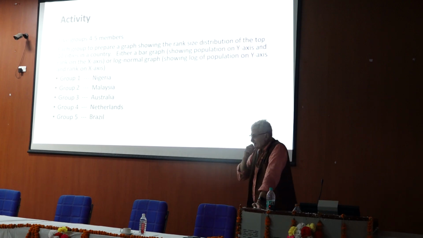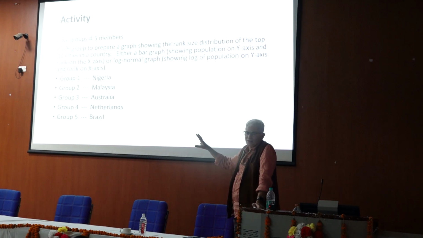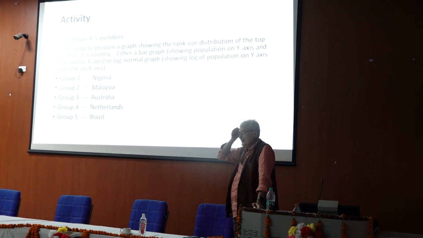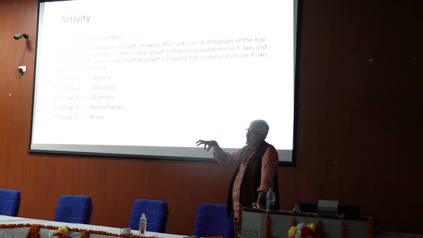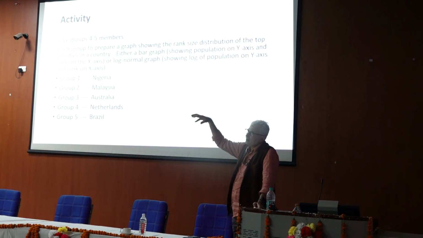So what did Nigeria do? Around 20-25 years ago, Nigeria said, we cannot let this primacy exist in our country. Lagos was the capital, right? They said, okay, now let's build a new capital away from Lagos. So they built a new capital called Abuja, right from the middle of the country, and they started building that new capital.